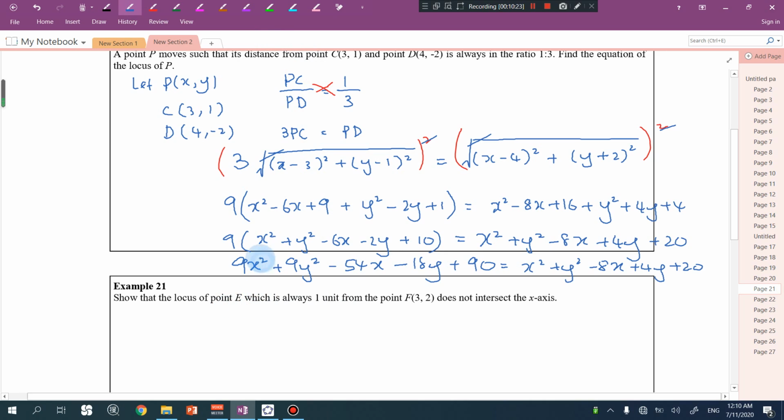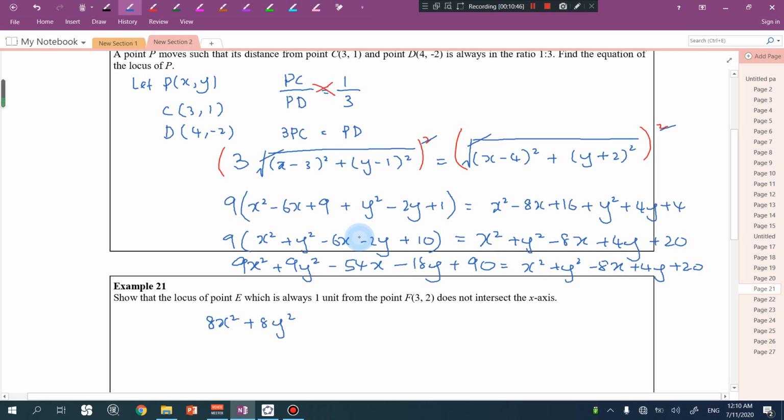Okay, so if I move the x squared over here, it becomes minus, right? So 9x squared minus x squared, you will get 8x squared. If I move the y squared over here, it becomes minus, 9y squared minus y squared, you will get 8y squared. Okay, correct. So this negative 8 bring over here become positive 8.